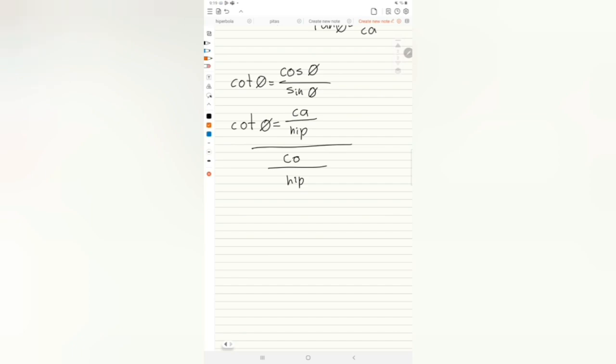Just as we said, we can use the sandwich law and do the whole process, but we know that if we have hypotenuse under both of them, we can just cancel it, and we have that the cotangent is equal to the adjacent leg divided by the opposite leg.